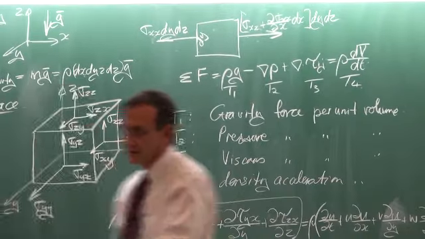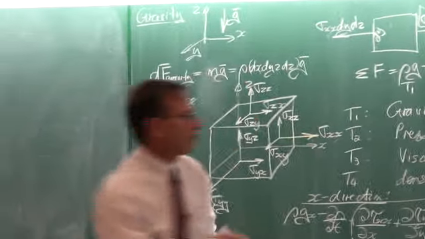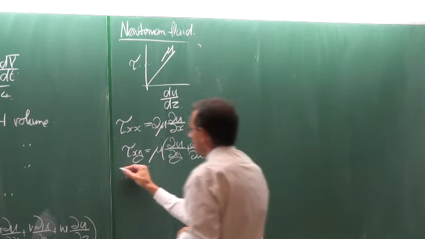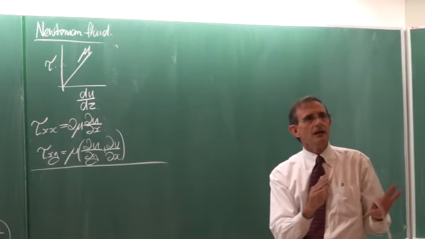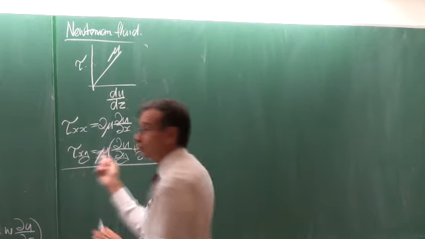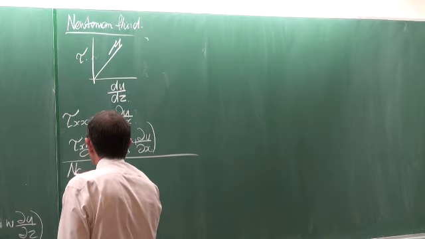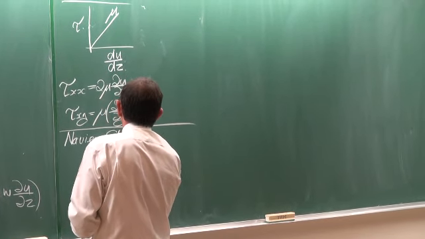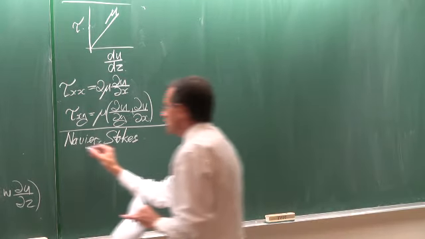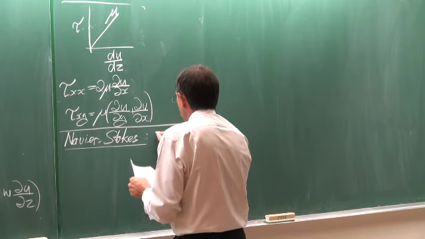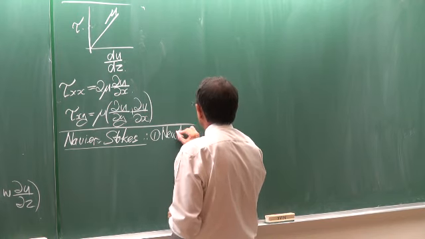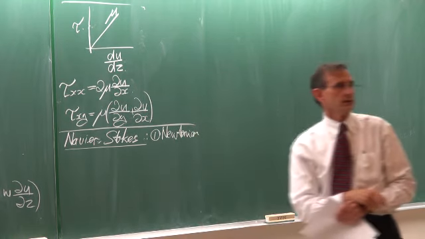So when you've done that, or even before, you can say this is a lot of work, so let's make things simpler. The equations that we're going to derive now are called the Navier Stokes equations. In the derivation of the Navier Stokes equations there are important assumptions. The first is that it is a Newtonian fluid.